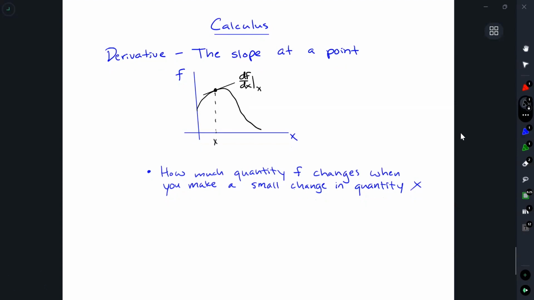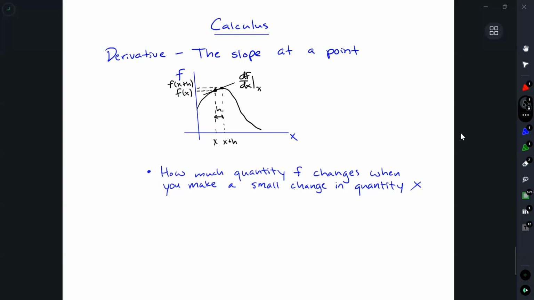How I actually find it is I consider a point a little bit farther away, x plus h, where that distance is h. This is going to be f evaluated at x, and then up here, f evaluated at x plus h.